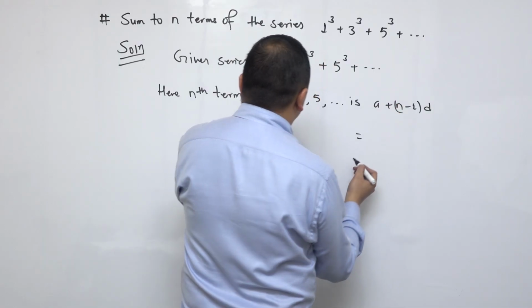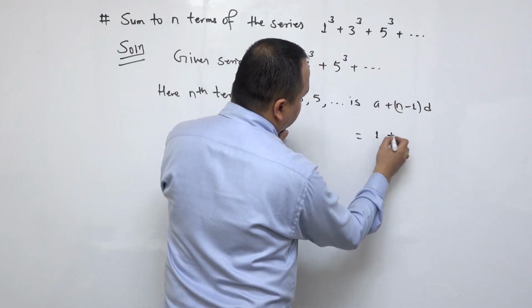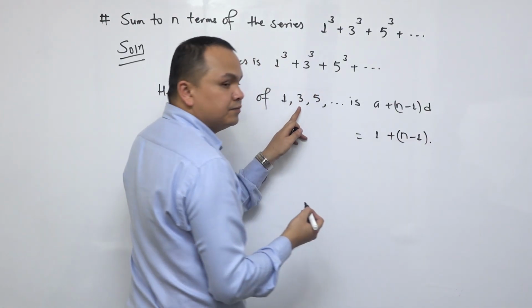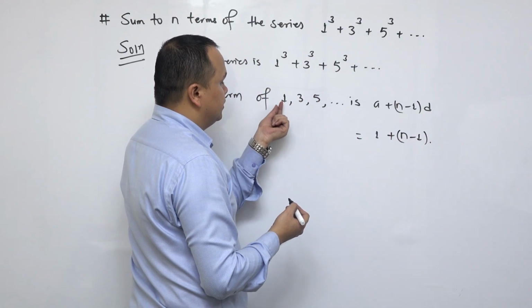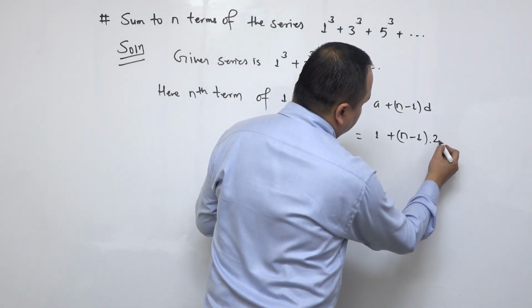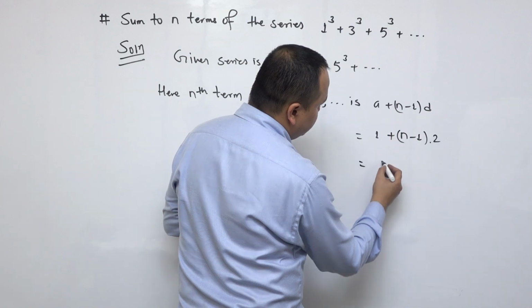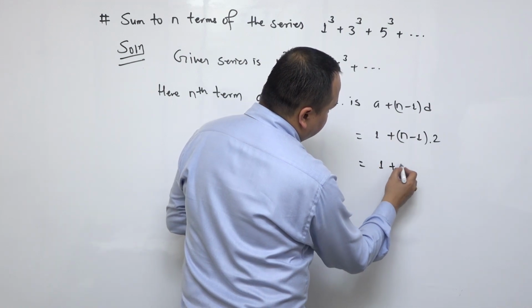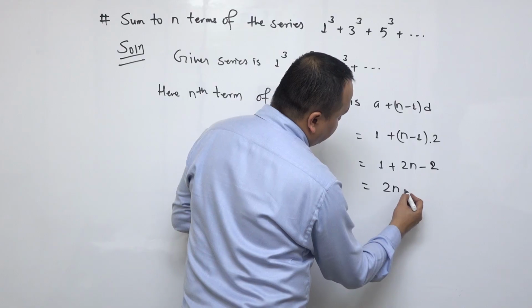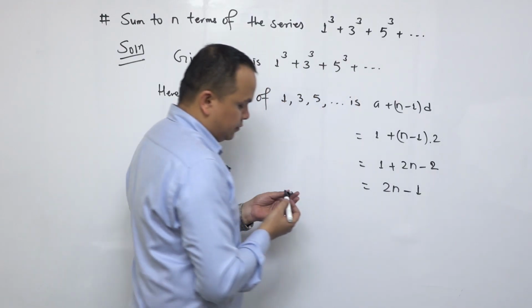And here a is 1, and d is 2. Your common difference is 2: 3 minus 1, 5 minus 3, 2. 1 plus 2n minus 2. So this is 2n minus 1.